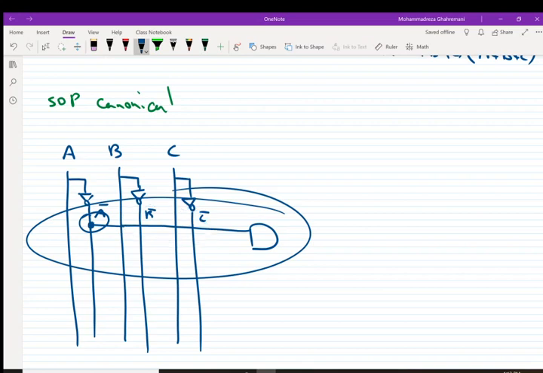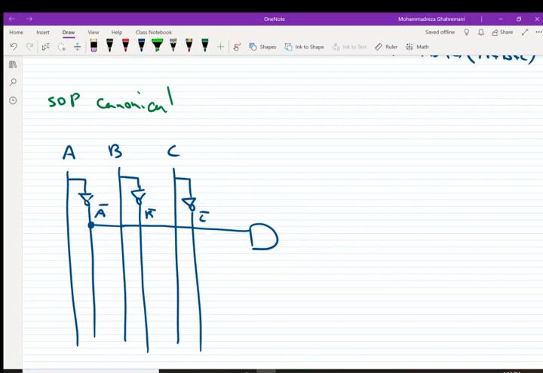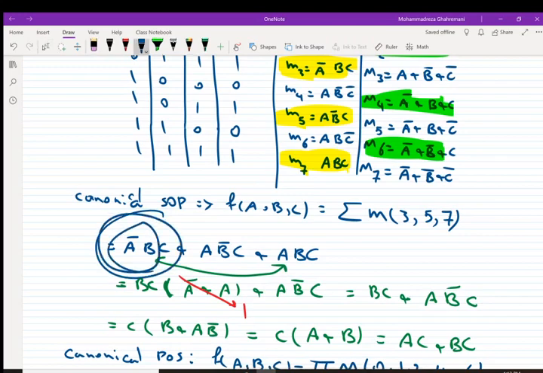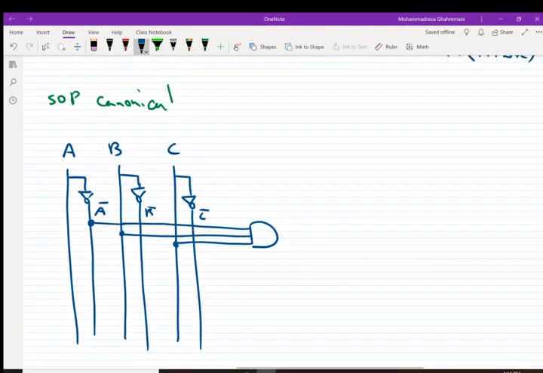A bar, BC. I'm looking at this function. Let me show you here. A bar, BC, and I just connected them together. So here is A bar, BC.